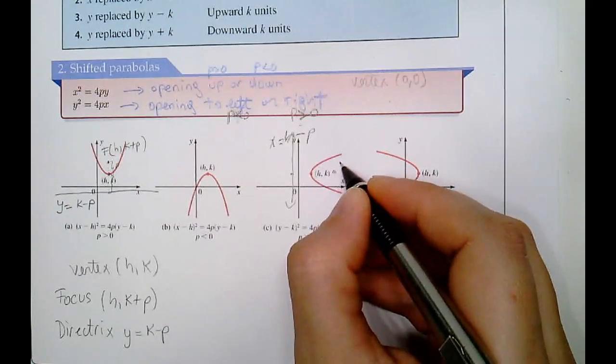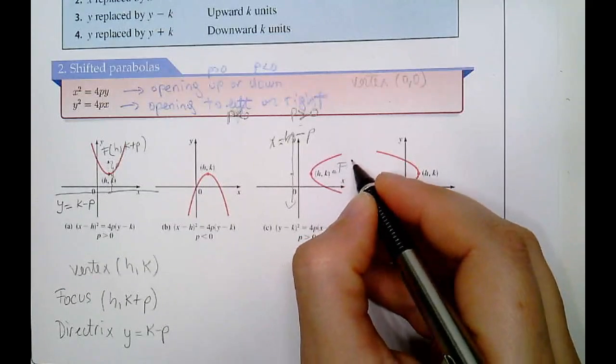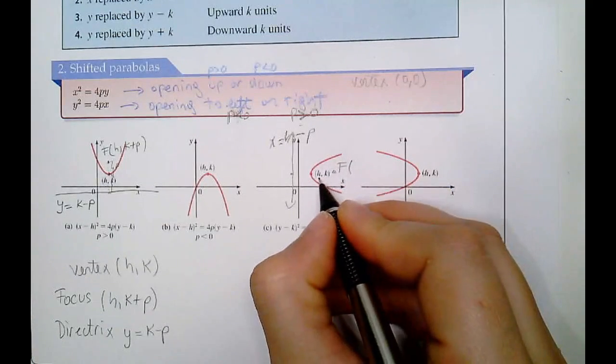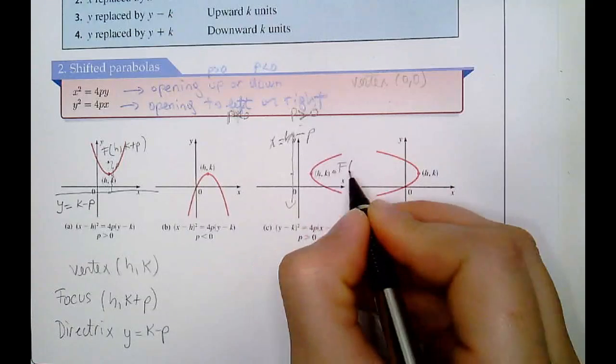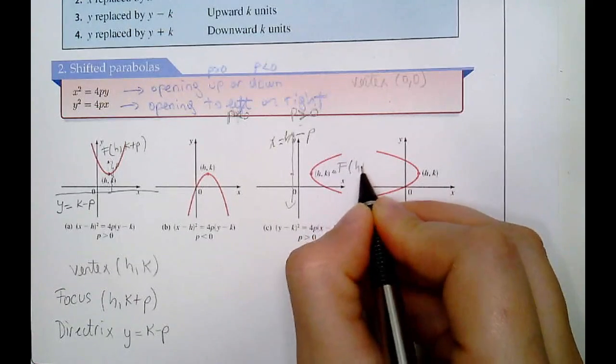And then the focus is here, which is the x-coordinate of the vertex plus p, so h plus p.